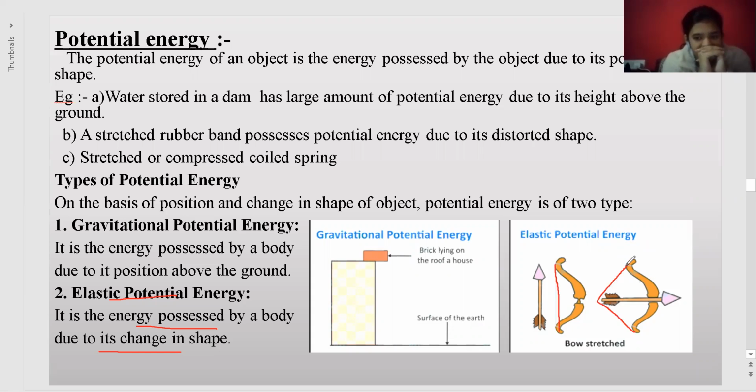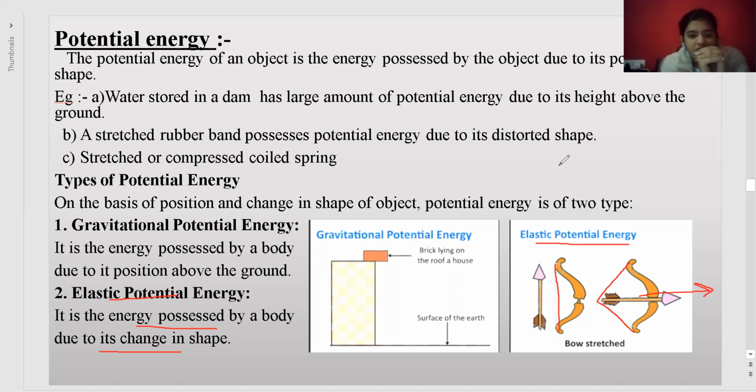Why? Because there is a change in shape. When we release it, because of that potential energy, the arrow starts moving forward. Because that energy has now been transferred to the arrow. So here the bow is using elastic potential energy.